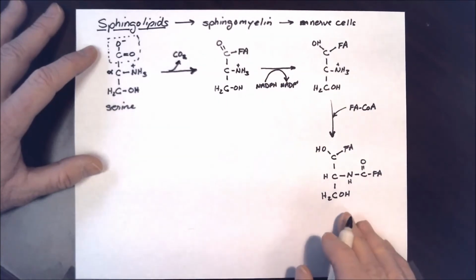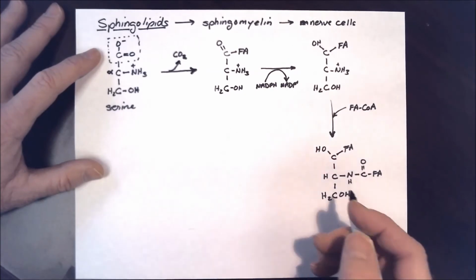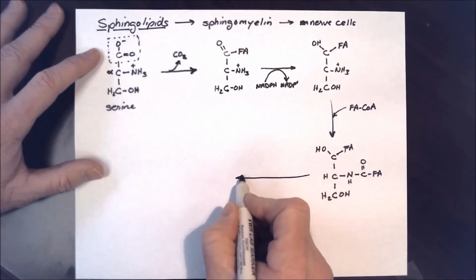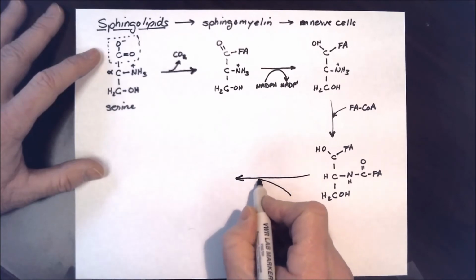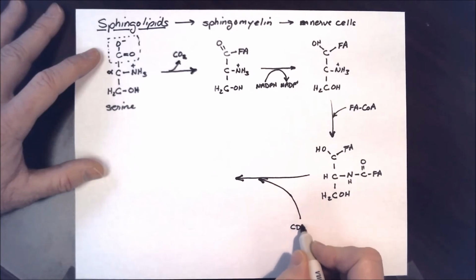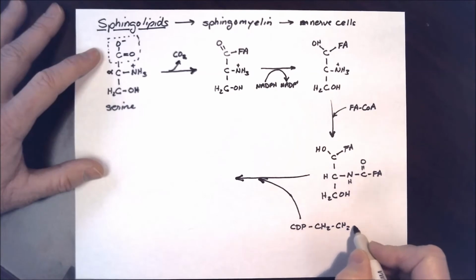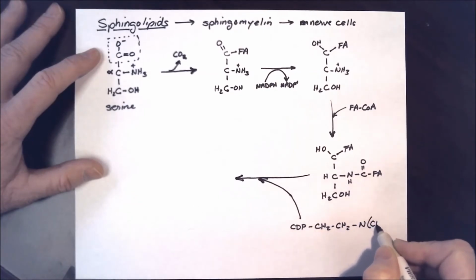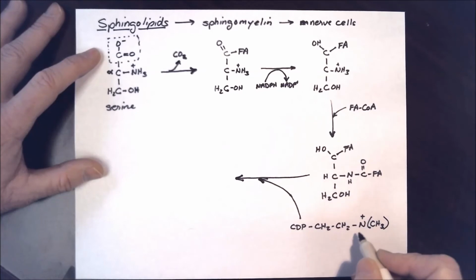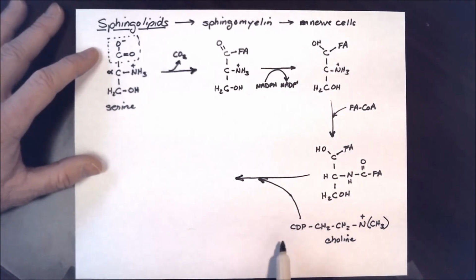And our 3rd addition, in the case of sphingomyelin, is going to be the addition of CDP choline. Remember, choline is ethanolamine with 3 methyl groups on the nitrogen.